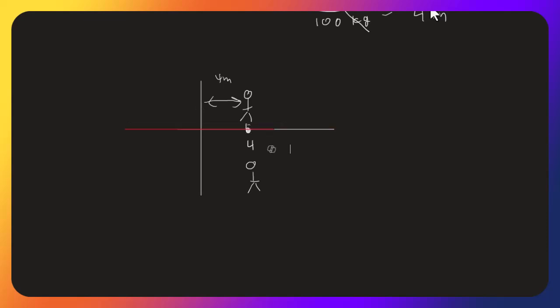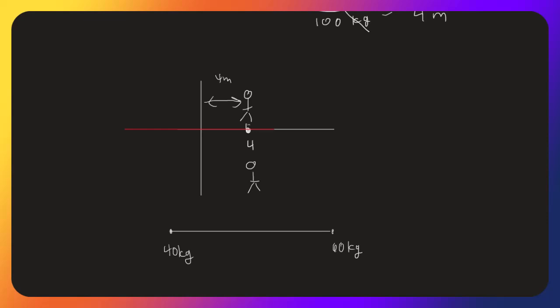Now, how do I know that? Well, at this point, I don't necessarily know it, but what I do know is that they are going to change places. And so if they change places, then I'm going to end up with some situation where I've got the 40-kilogram person here and the 60-kilogram person here.